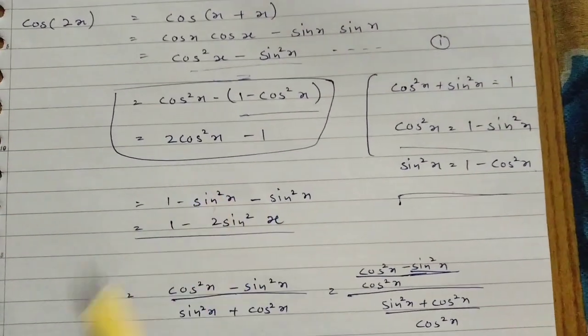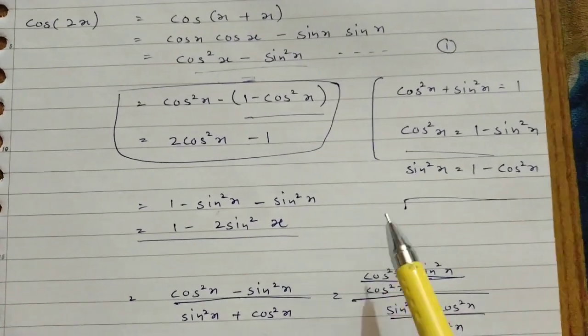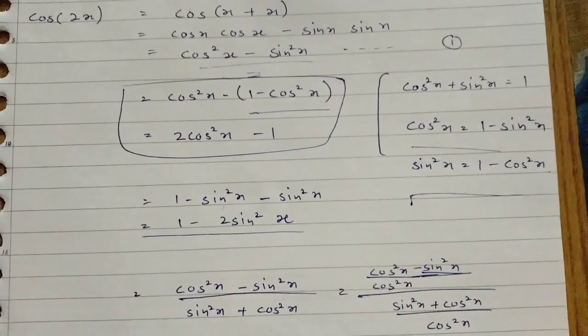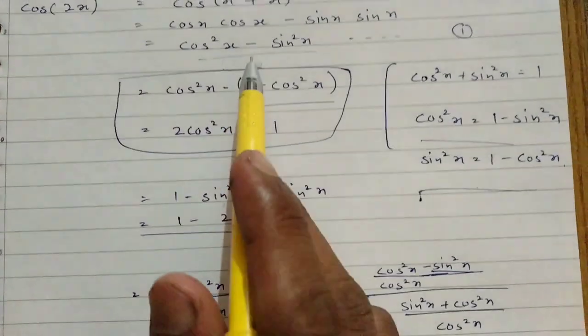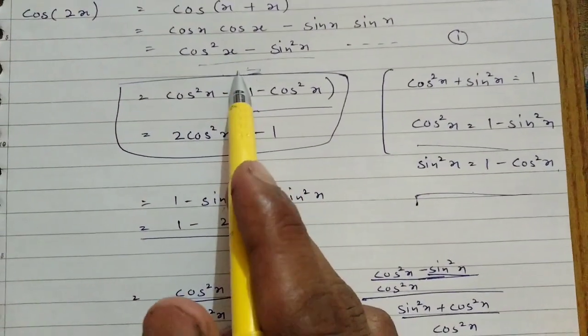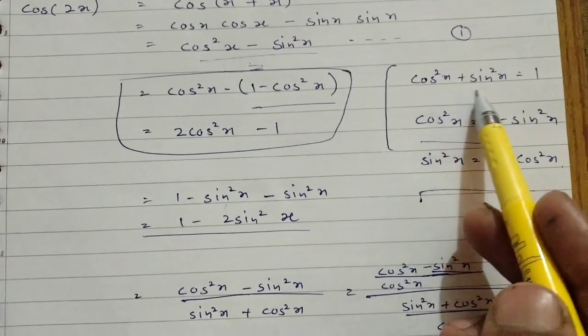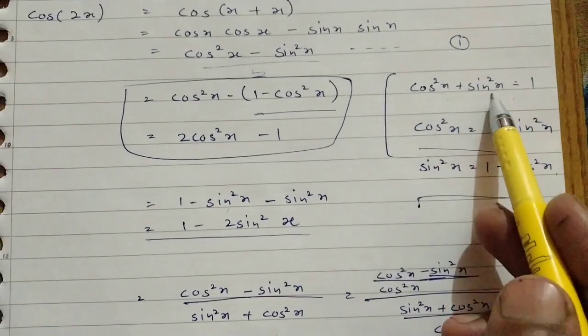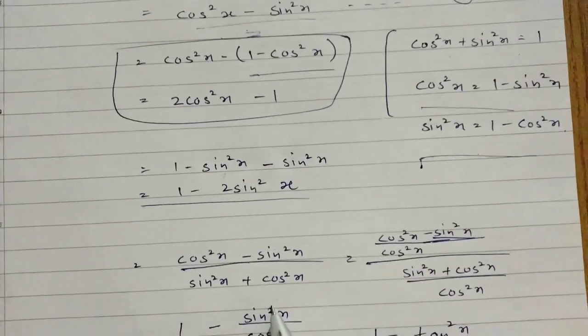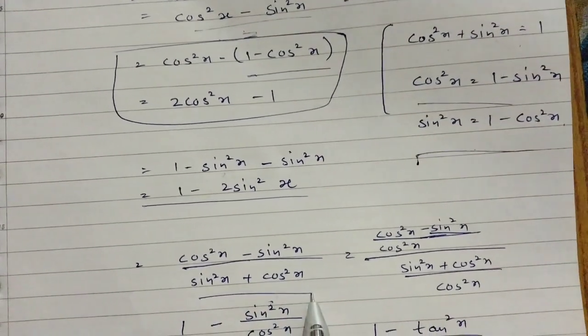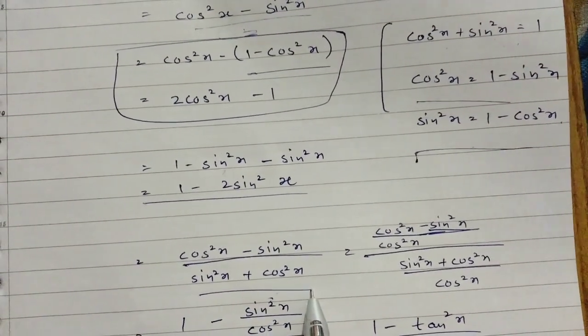And then we operate equation 1 again, we can make it in the form of tan. Firstly we can divide it by 1, and 1 is equal to cos square x plus sin square x. So equation 1 becomes cos square x minus sin square x divided by sin square x plus cos square x.